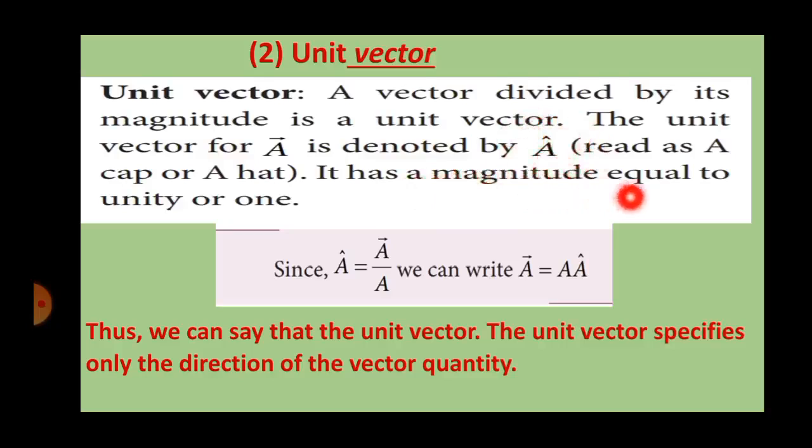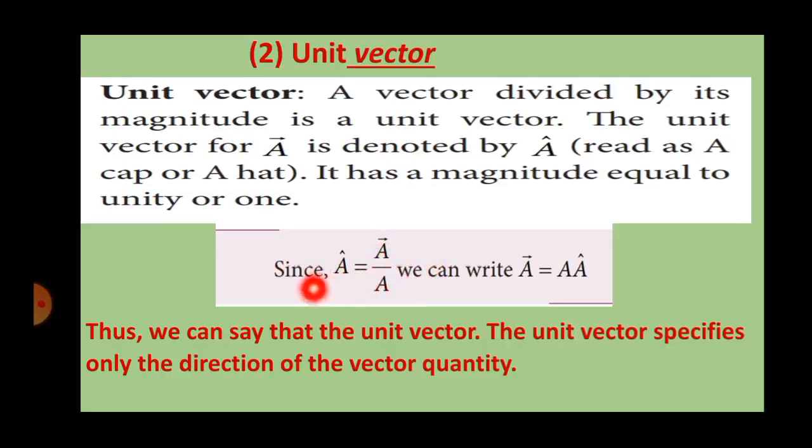It has a magnitude equal to unity. Unity means 1. Now listen, a vector having unit magnitude is called a unit vector. It is also defined as the vector divided by its own magnitude A.